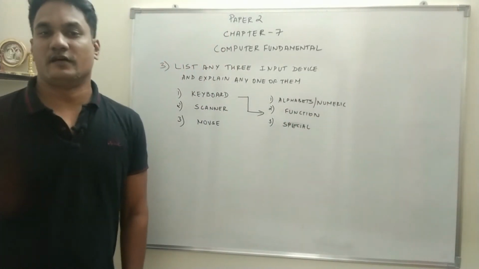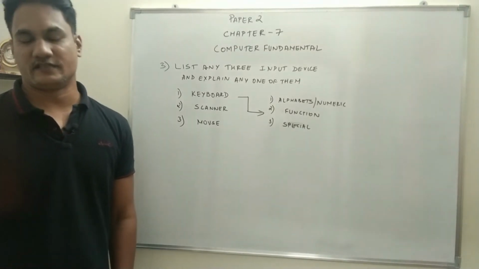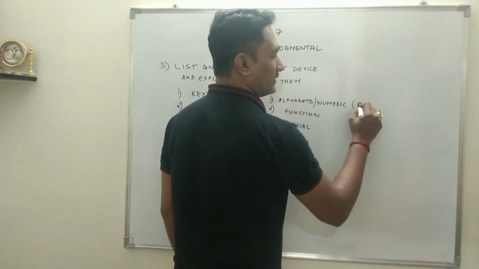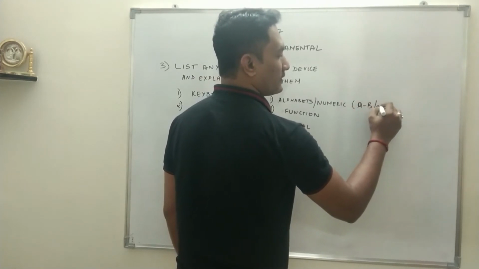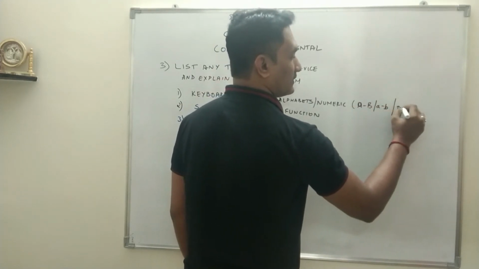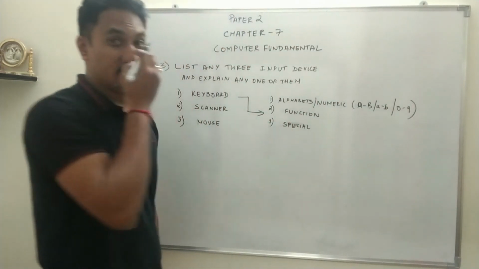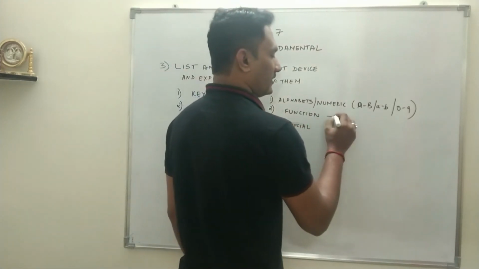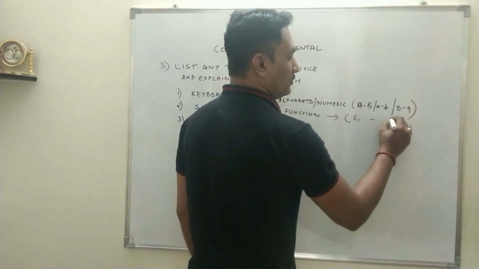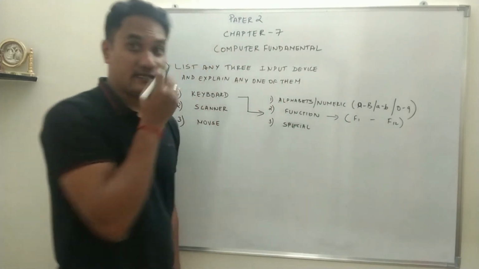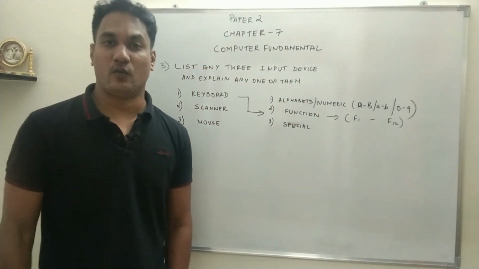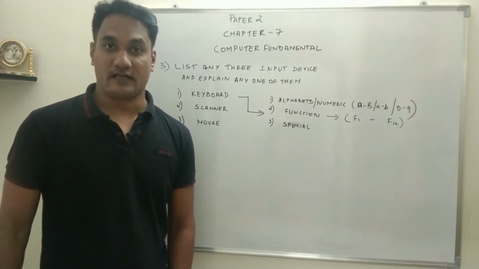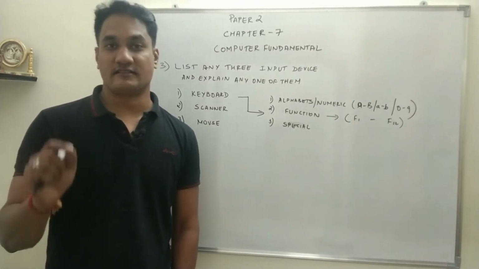You have seen the keyboard, so you can easily understand that alphanumeric keys are the keys from A to Z and 0 to 9. All these keys come under the heading alphabets and numeric. Function keys: on the top of the keyboard you can see F1 to F12. By pressing just one function key, you can perform a number of tasks simultaneously. Therefore it is called a function key.